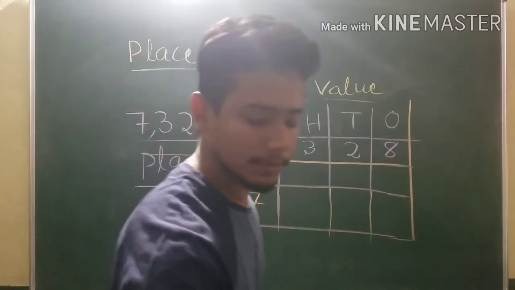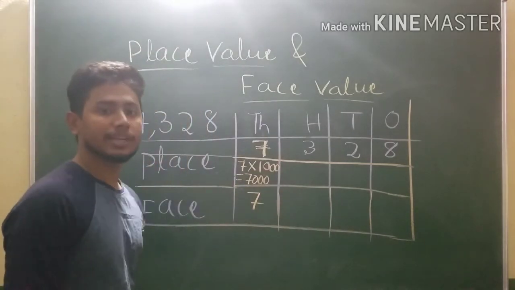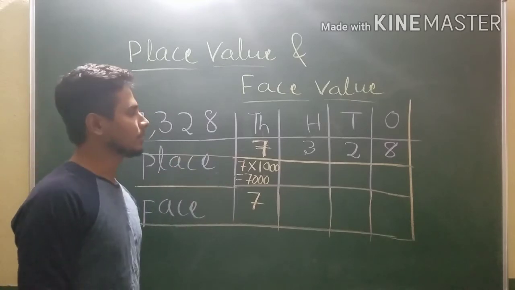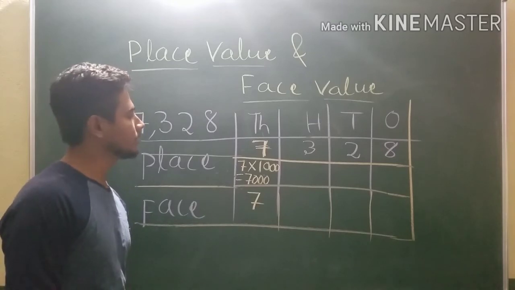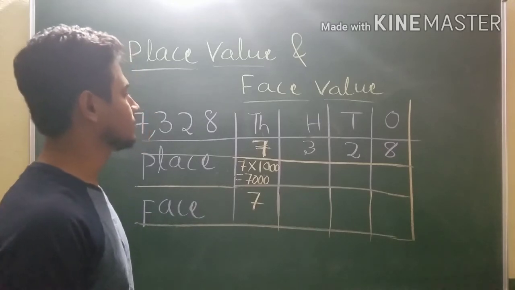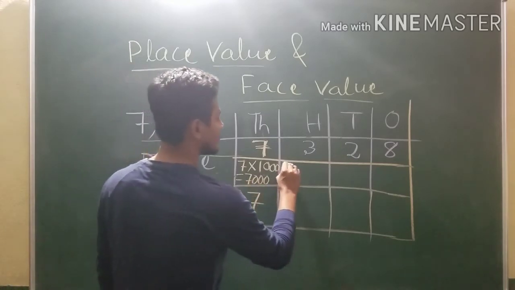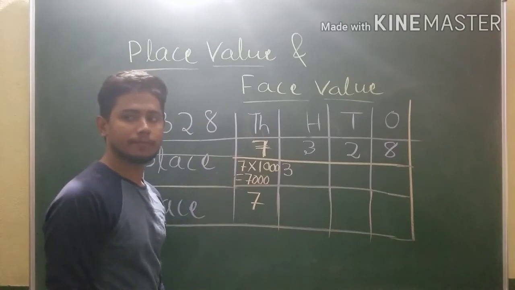In the same way, now come to 3. Find out in your notebook the place value of 3. First I write 3, because we have to find the place value of 3.